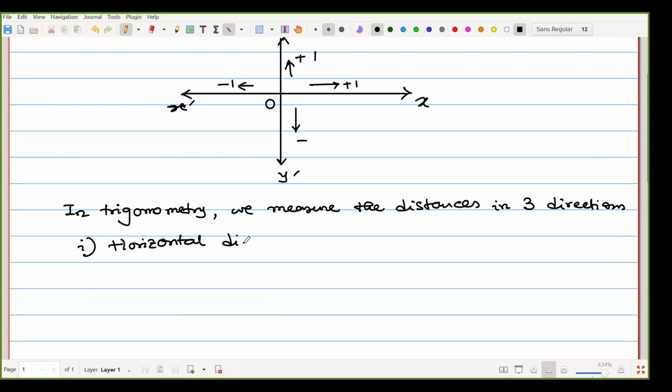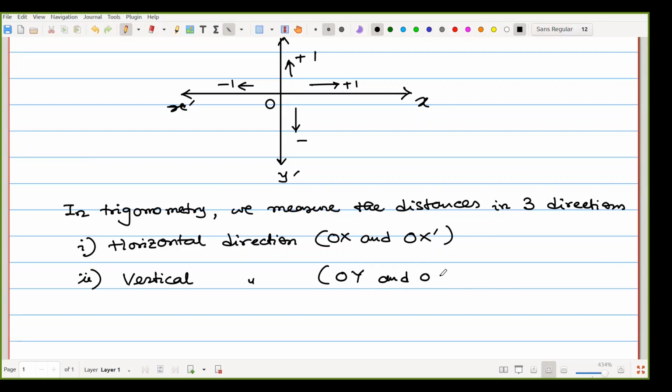That means horizontal direction means the OX and OX dash. Second one is the vertical direction. That means according to OY and OY dash. And the third one is the direction of the revolving line.